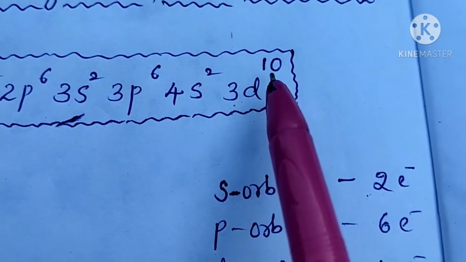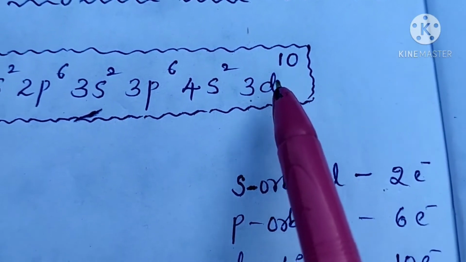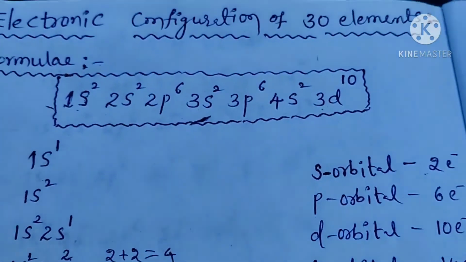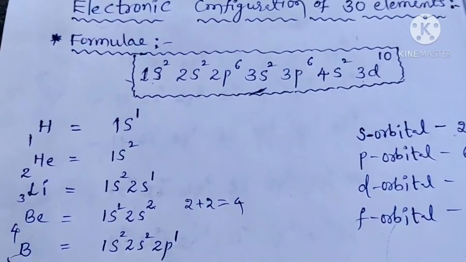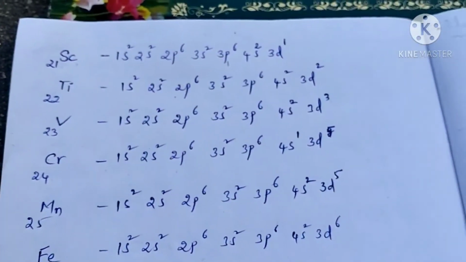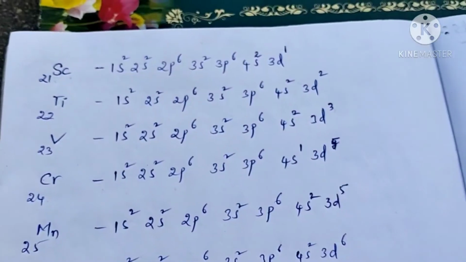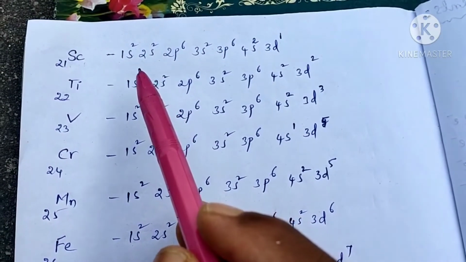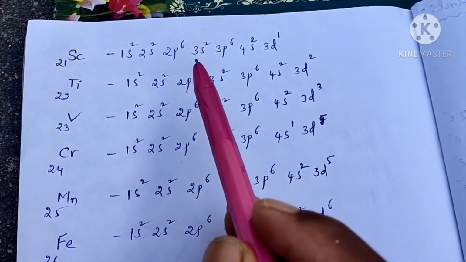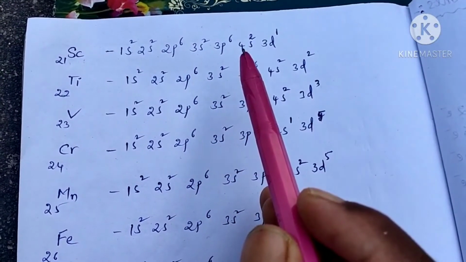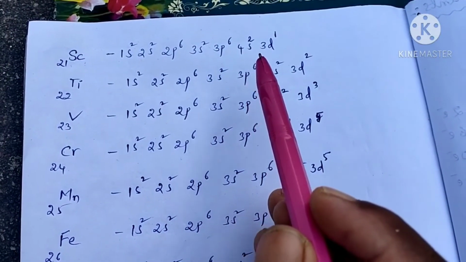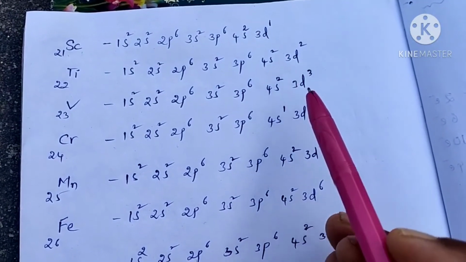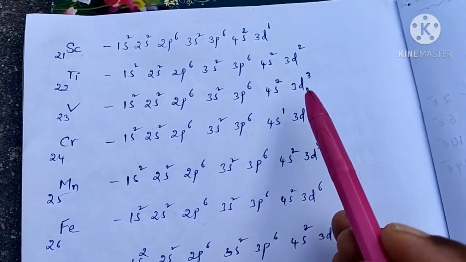Here 10, nothing but 10 elements we can fill here. So 20 completed, no? Next 21, that is scandium. Let us see the configuration. 1s2 2s2 2p6 3s2 3p6 4s2. How many here? 20. So 3d1 21, 3d2 22, 3d3 23.